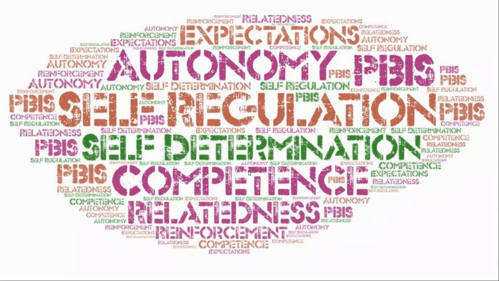The amount of external regulation or motivation necessary for those students to consistently display expected behavior is going to depend on several things. It's going to depend on their age and their development level. It's going to depend on the student's prior knowledge of the expected behavior and their experience with those expected behaviors.